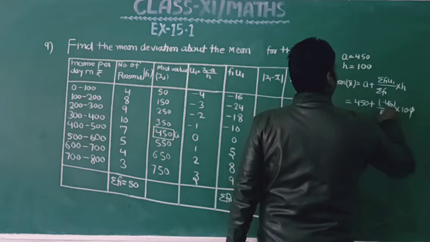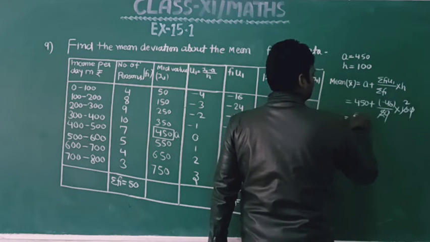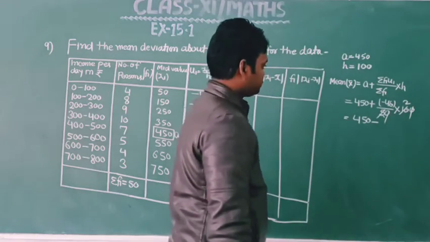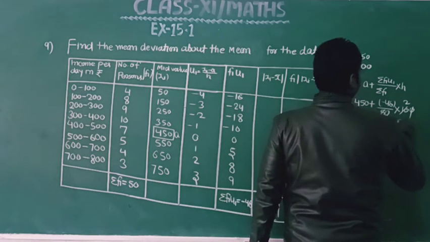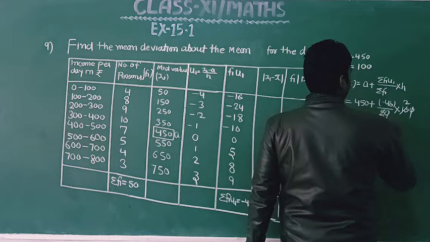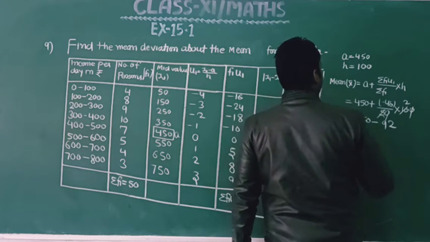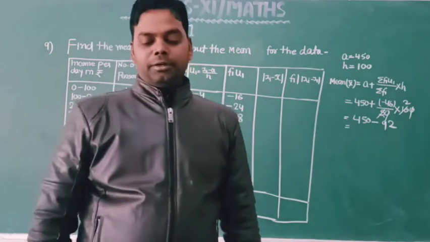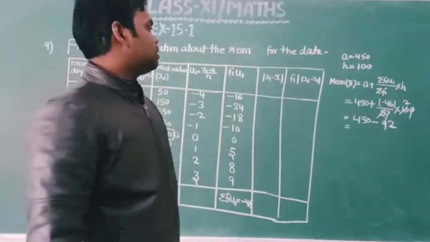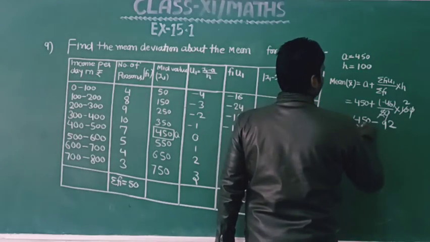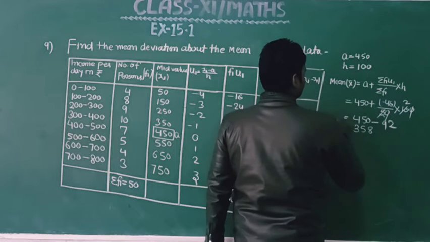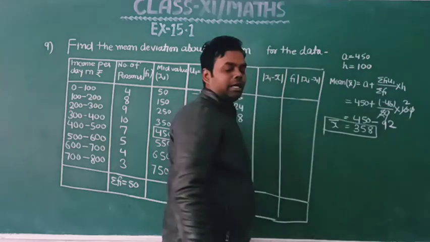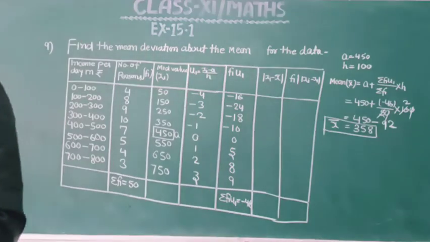So this is 450 minus 46 multiplied by 2, which gives 92. So 450 minus 92 is equal to 358. This is the mean: x bar equals 358.